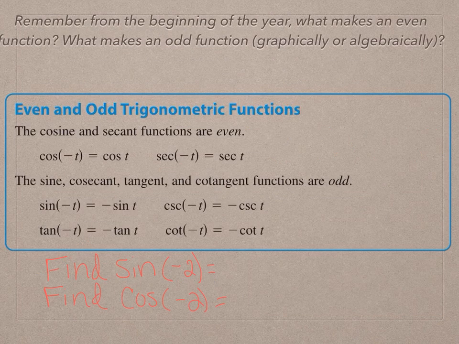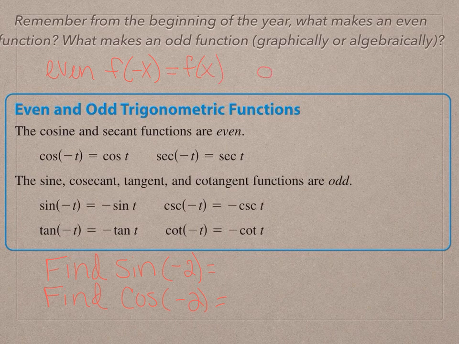And lastly, we talked about even and odd functions when we did our function unit. The cosine and secant functions are even. And if you remember, algebraically, that means that if you put a negative x into your function, it's not going to change your function at all. You still get the same value.